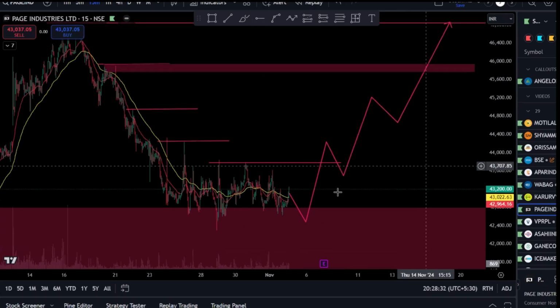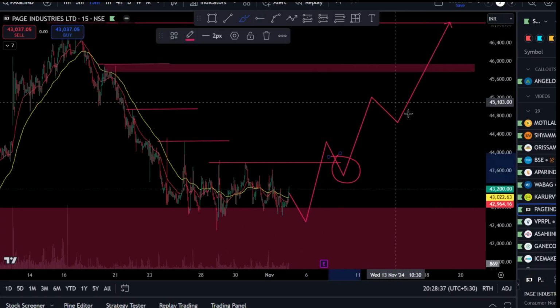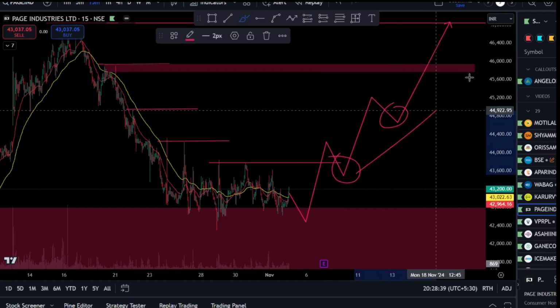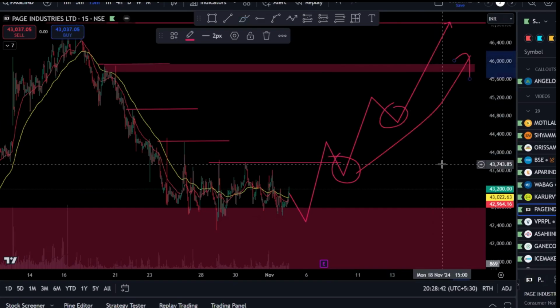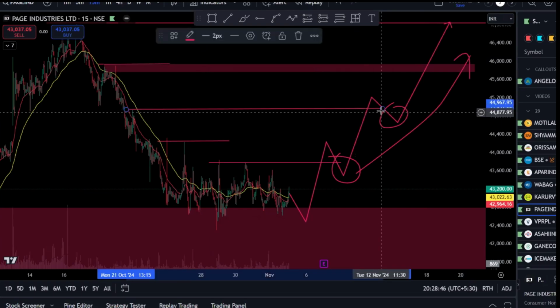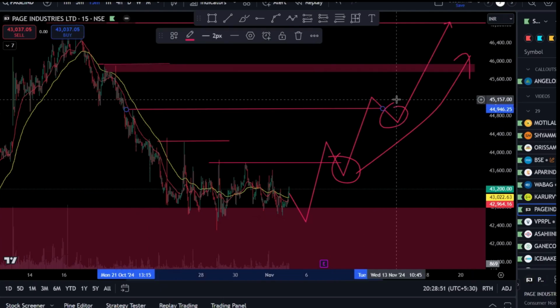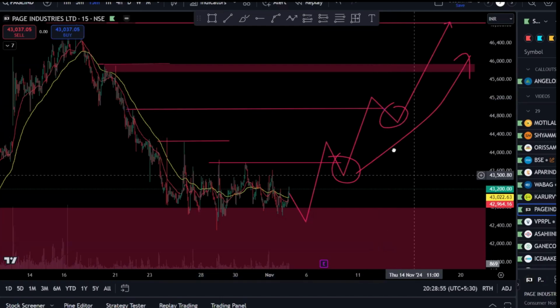We will probably look for entries somewhere over here or over here to take advantage of it, because we understand that people are looking for selling opportunities over here, because of this range or resistance. So we'll try to do the exact opposite of that.